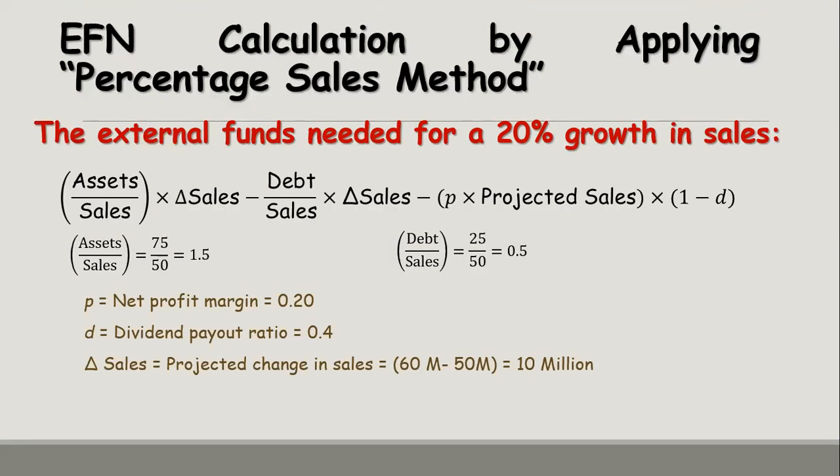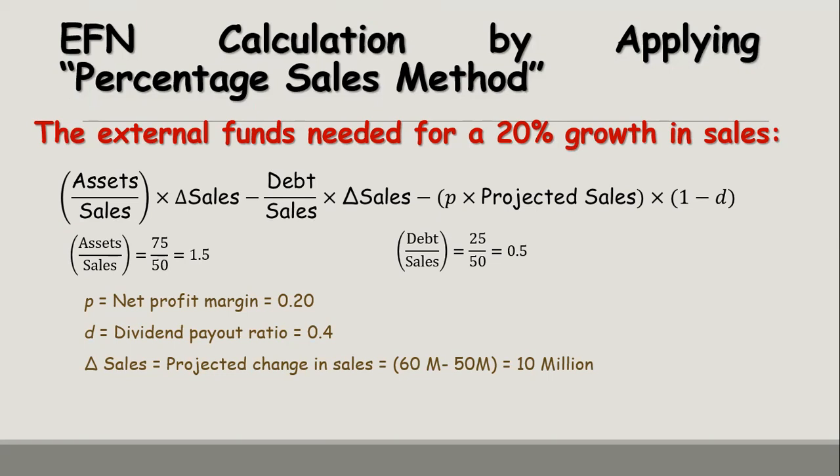Here we have the formula. The external financial need for 20% growth in sales: first of all, assets over sales multiplied by change in sales. Previous sales were 50 million and expected sales are 60 million, so the difference comes to 10 million. Minus debt over sales, multiplied by change in sales.